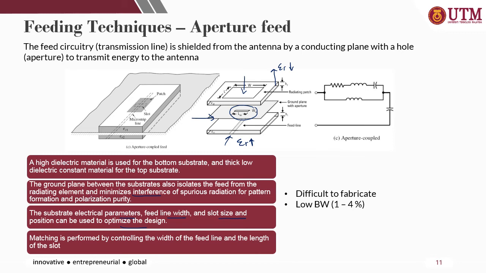And the matching is performed by controlling the width of the feed line and the length of the slot. However, the aperture feed technique is difficult to fabricate, and it produces only very low bandwidth, between 1 to 4% only.